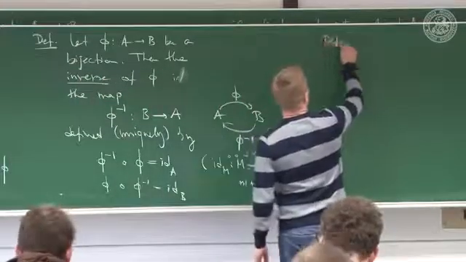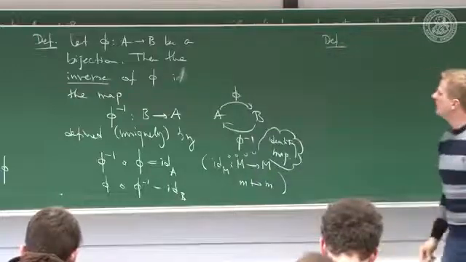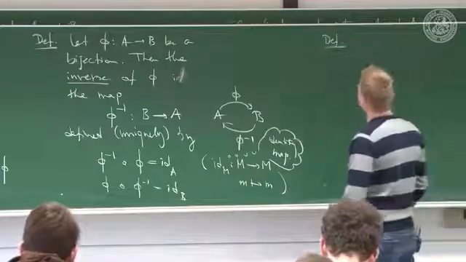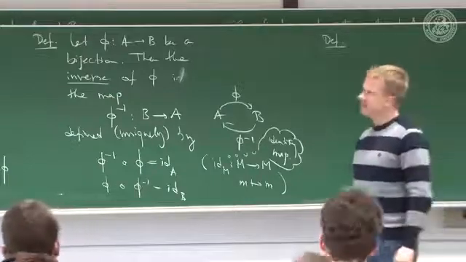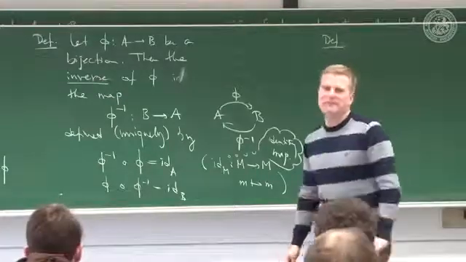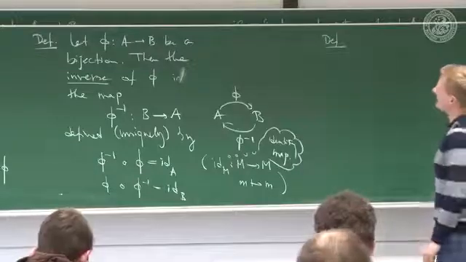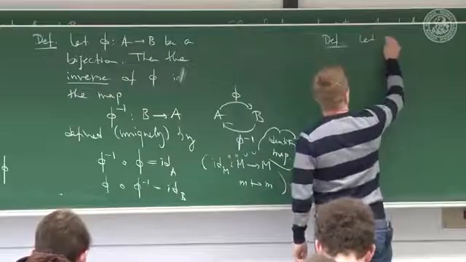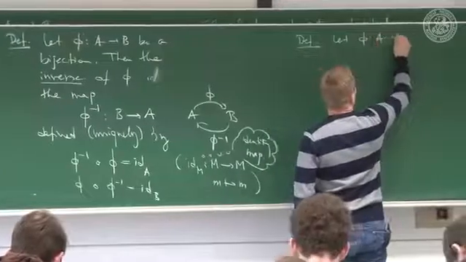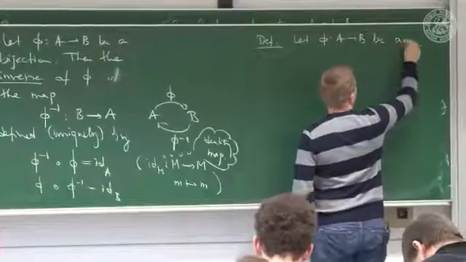Now, however, another notion which we're going to meet in topology particularly is the notion of a pre-image. And the pre-image is kind of something like the image of the inverse, but actually the map you look at doesn't need to be a bijection. It can be any map. So let phi from A to B be any map.